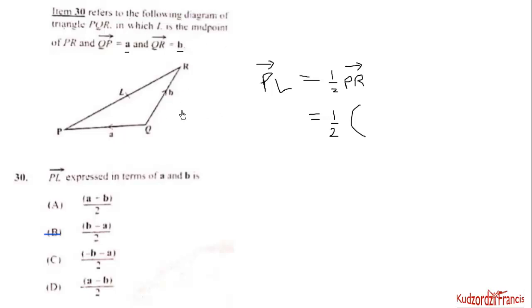From the diagram, we know that PR is moving this way, so it's going to meet QR and PQ. So that will be QR plus PQ.